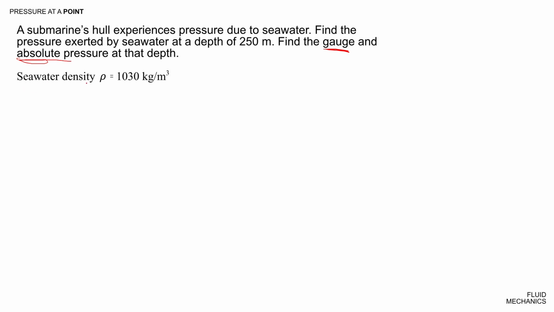We have the seawater density, which is 1030 kilograms per meter cubed. So we now have all three variables needed to calculate the pressure: density, gravity, and height. The density is 1030 kilograms per meter cubed, the gravity is the usual 9.81 meters per second squared, and the height is 250 meters in this depth.